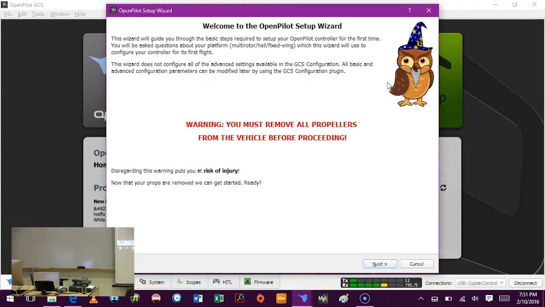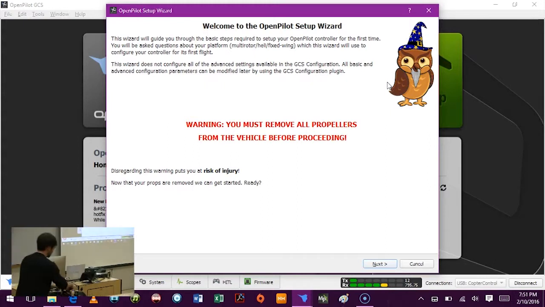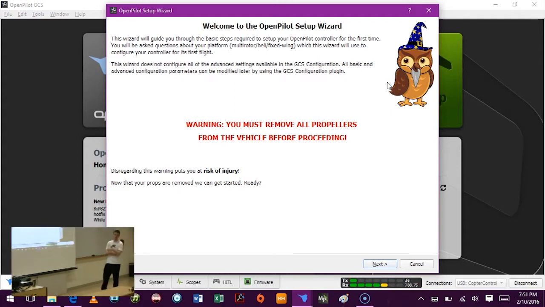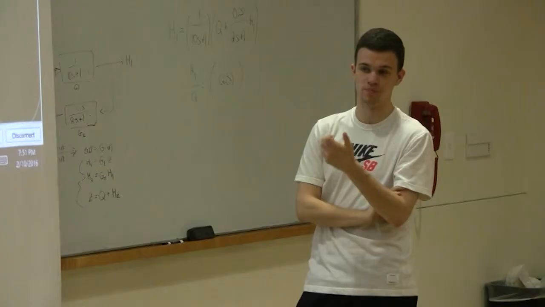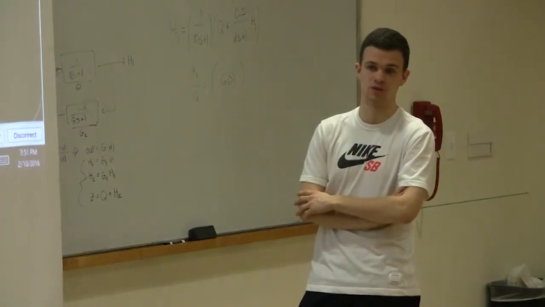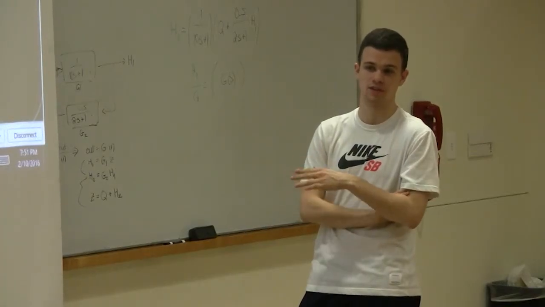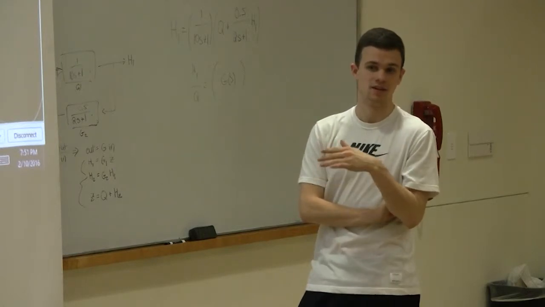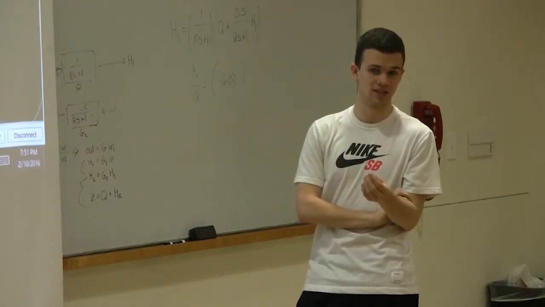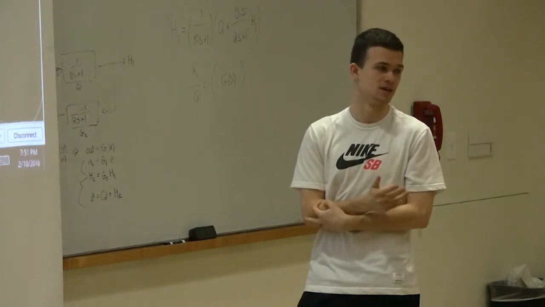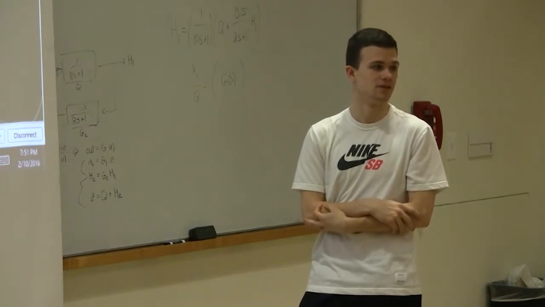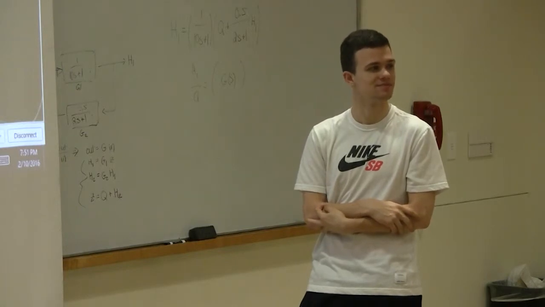A lot of this you'll have to do, things like calibrating ESCs and moving the throttle up on the receiver. So make sure your props are off in case something happens, even though there might be only a small chance, and your props spin up at over 2,000 RPM. You don't want that to happen.